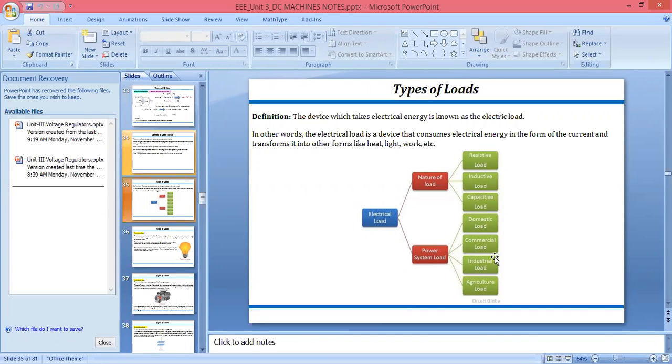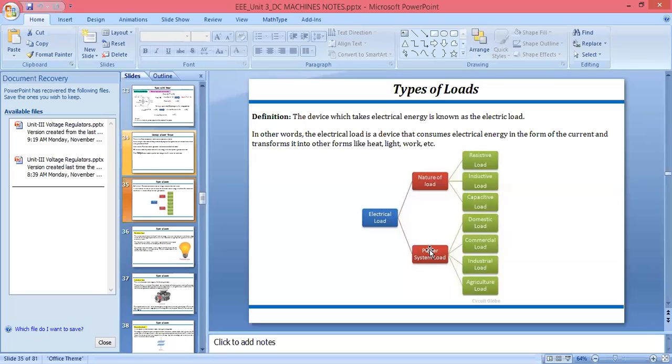Electrical loads are divided into different types depending on the nature of the load and how we are taking the power. At home we use a single phase supply. At the industrial level they require a higher amount of power, so we use three phase.